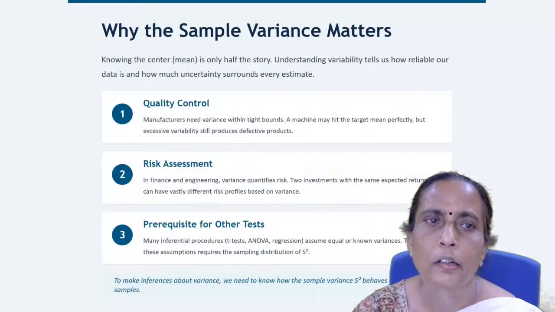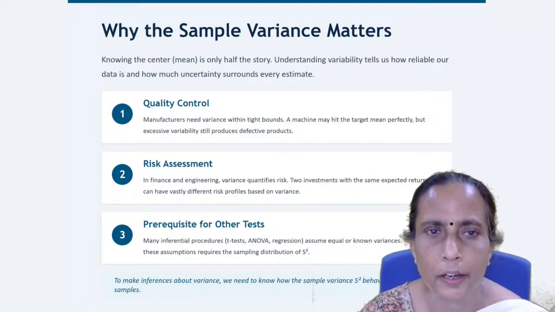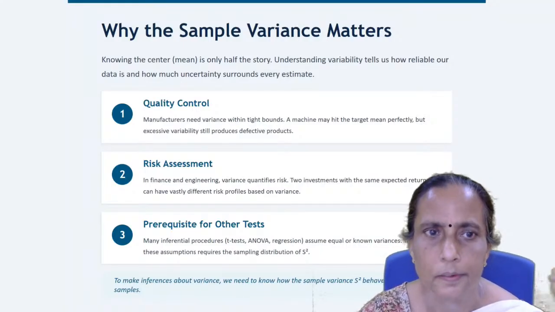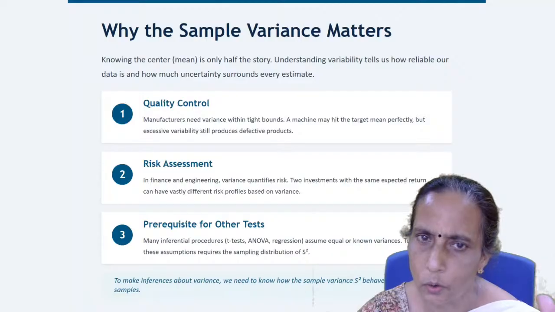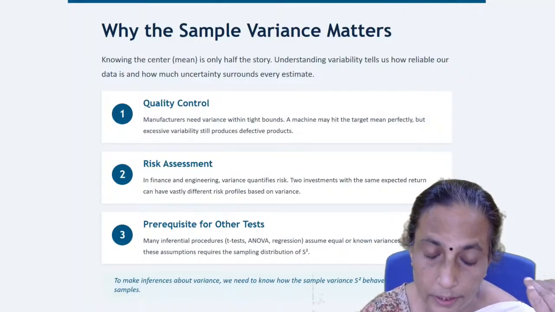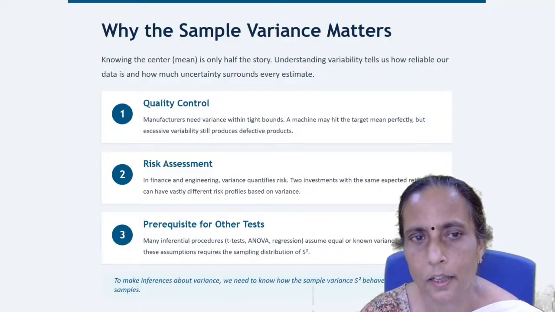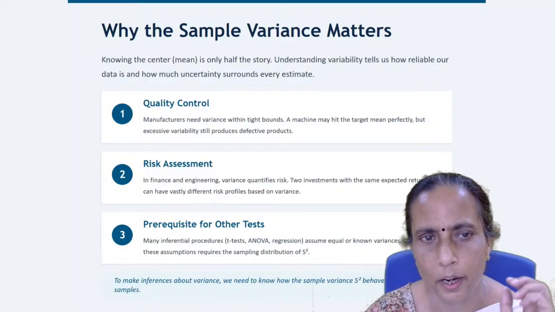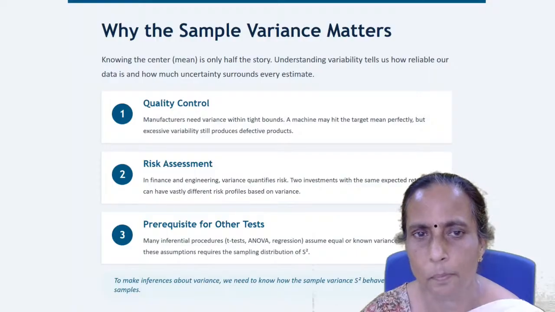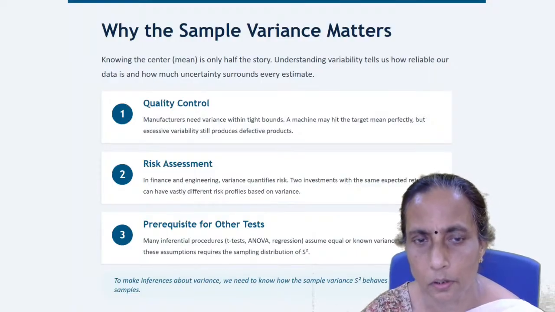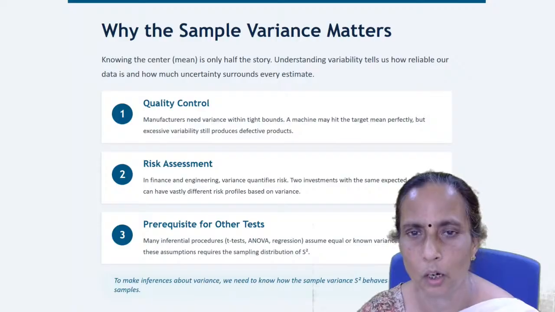So why does sample variance matter? Knowing the center is only half the story. While discussing the variance, we discussed that if the samples are so taken, then the mean of each sample may be equal.